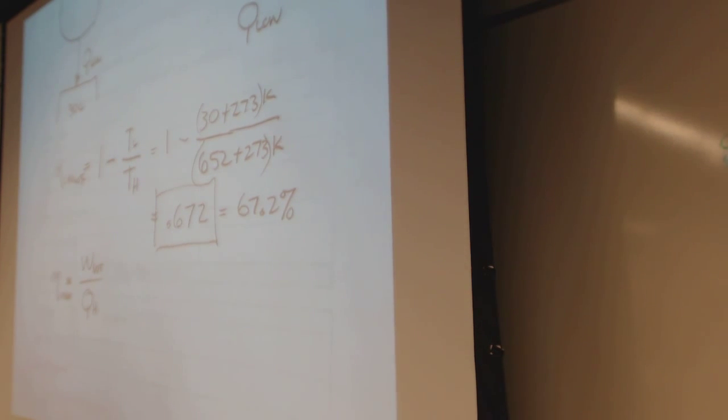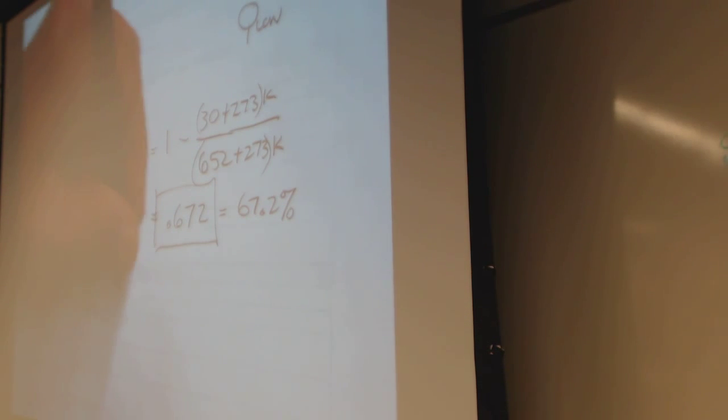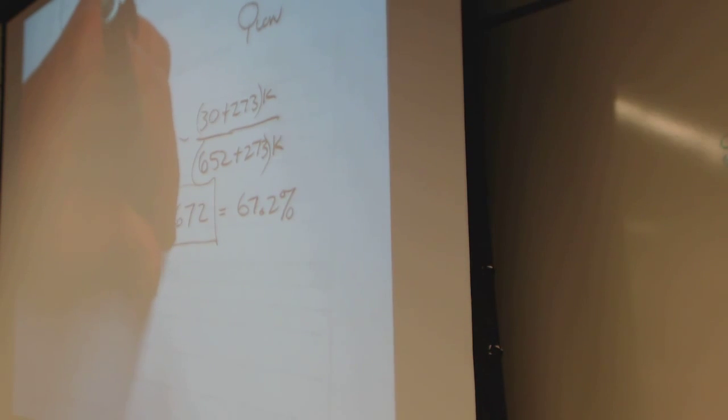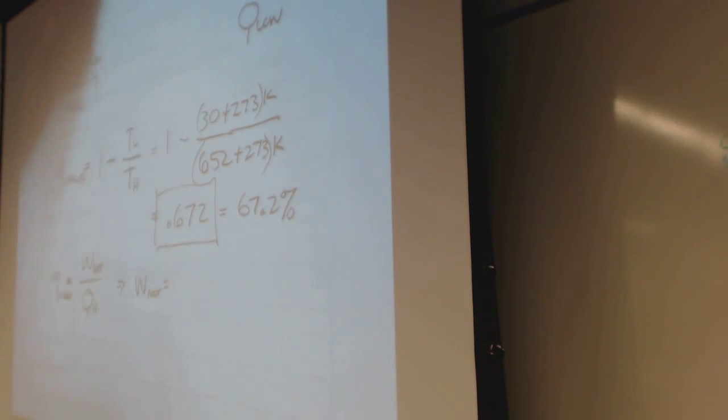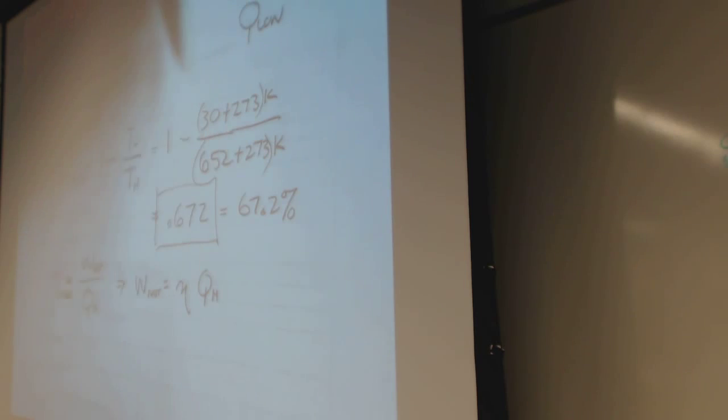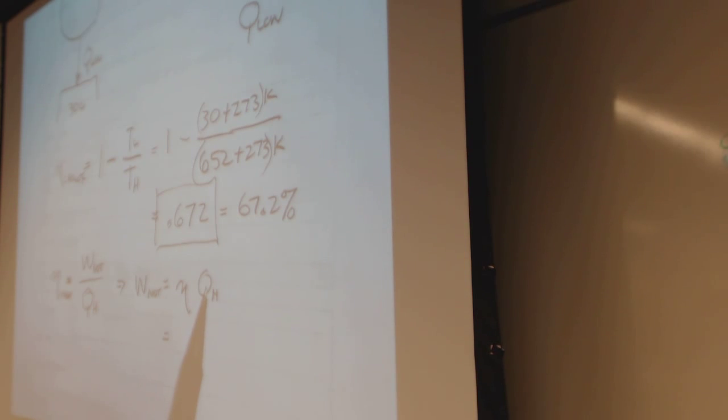So if I want to know how much work's getting done, I could say the net work produced by the cycle is efficiency times the Q high, because it's 67% of the energy flow from the hot side.